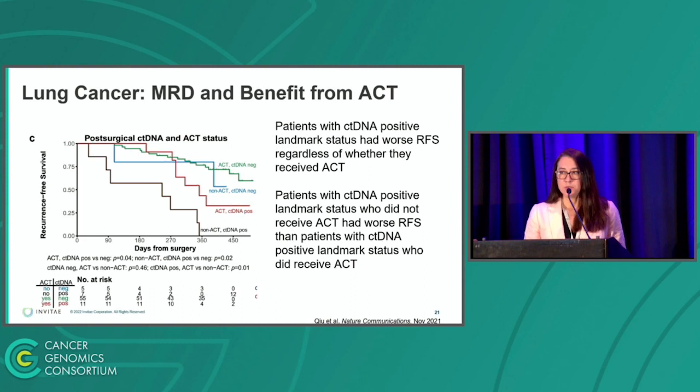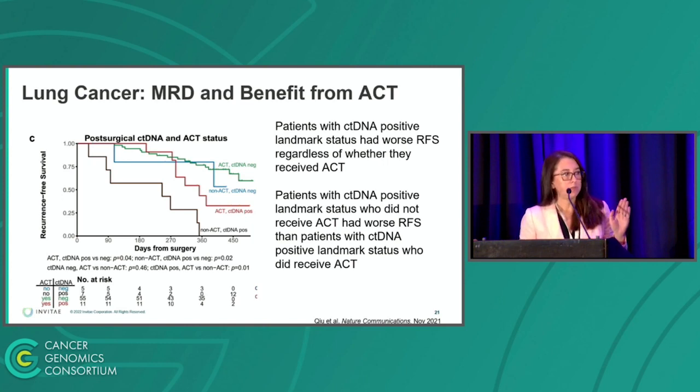So in stage 2 and 3 lung cancer, patients typically do get adjuvant chemotherapy, but there's, again, kind of minimal benefit to the group as a whole. So it's not uncommon for patients to just decline it due to toxicity. So the investigators went back and looked at the patients who were ctDNA positive or negative and whether or not they had gone on adjuvant chemotherapy, and then teased it out based on that landmark time point in this Kaplan-Meier curve.